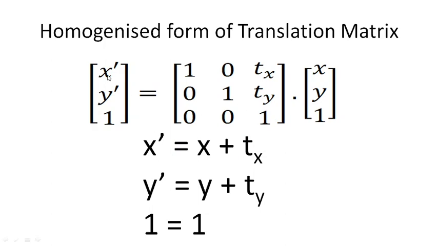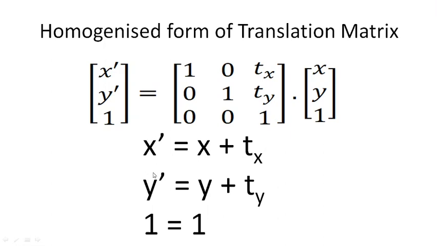If you solve this multiplication and compare the matrix on the left hand side with the corresponding elements on the right hand side, you will get x dash is equal to x plus tx and y dash is equal to y plus ty. And the third equation you get will be a trivial equation, 1 equals 1, which has no importance for us. So we will use these two equations.